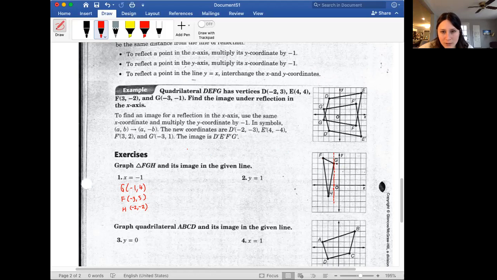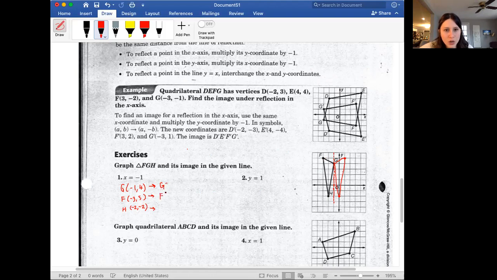My reflection F would go right here, and then this would be 1 over, right? 1 over from the line of reflection on the other side. So now I can connect my dots, and that is my image. And that's all I'm really looking for here.